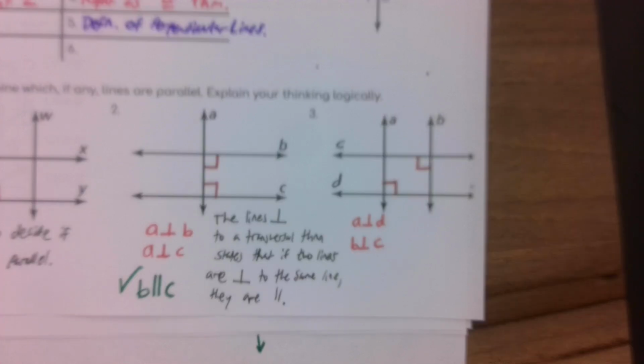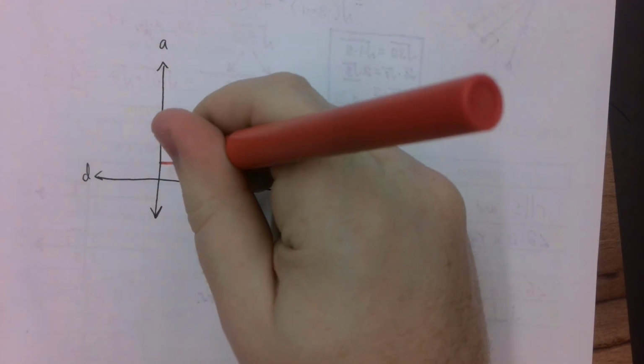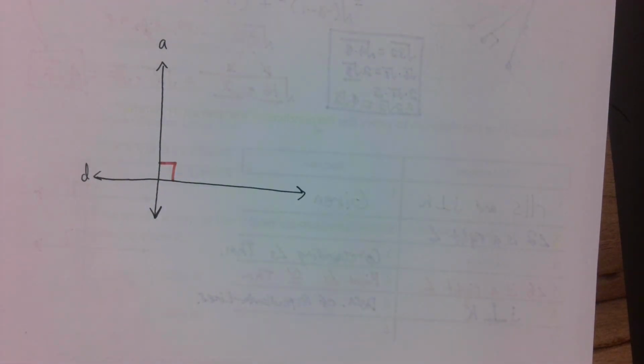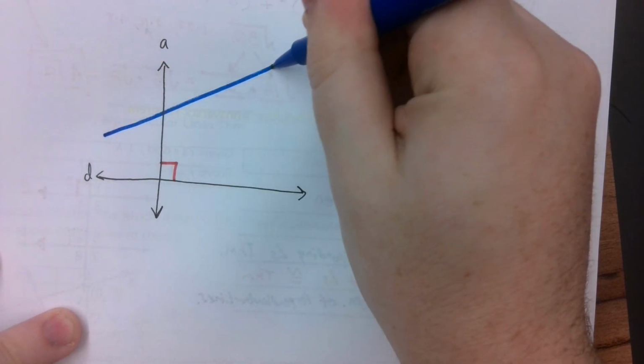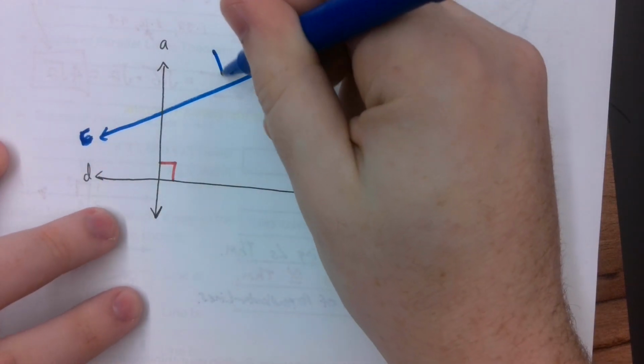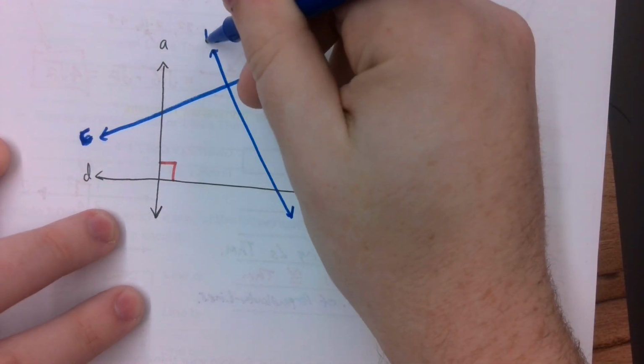But I have a little bit of a counter to that. Let me draw this diagram, but in a slightly different manner. Let's say that A and D were perpendicular, so I will draw A here and D here, like so. But then I'm going to draw B and C perpendicular to each other as well, B going this way and C going this way.